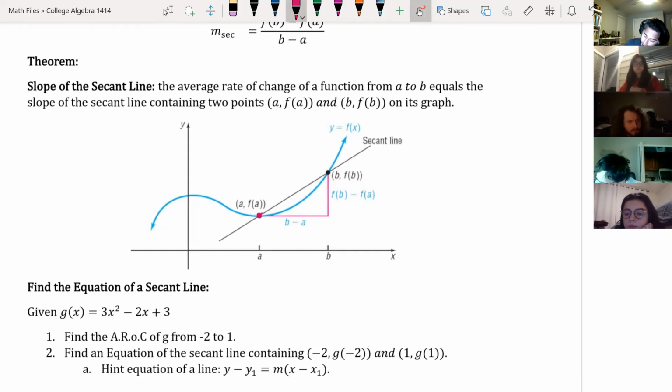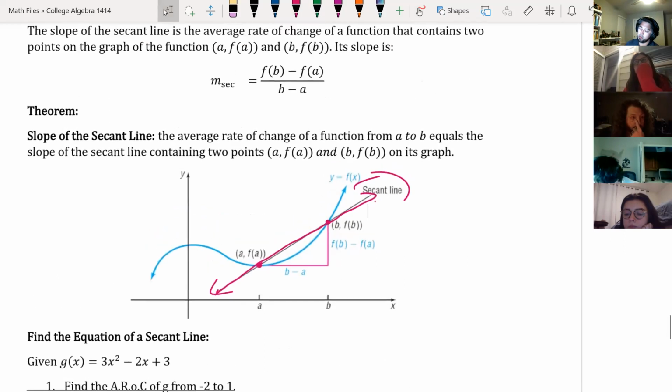And if we have 2 points, well, there is always a line that can go through any 2 points on a function, and that is called the secant line. And what we just learned is by using the average rate of change, you can find the slope of the secant line, which can help us find the equation of the secant line.